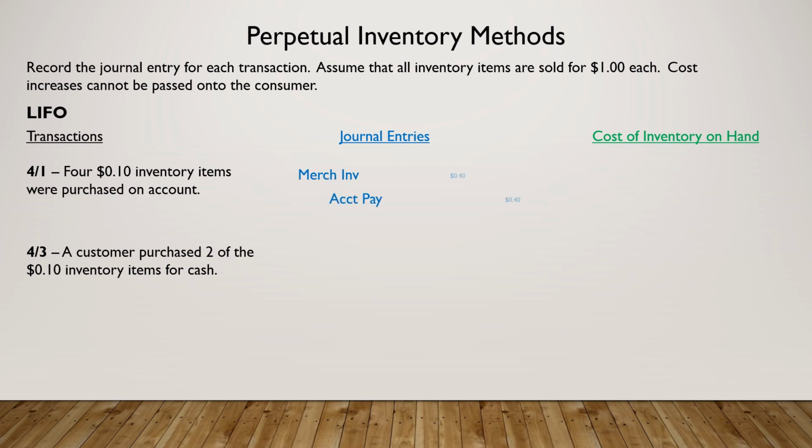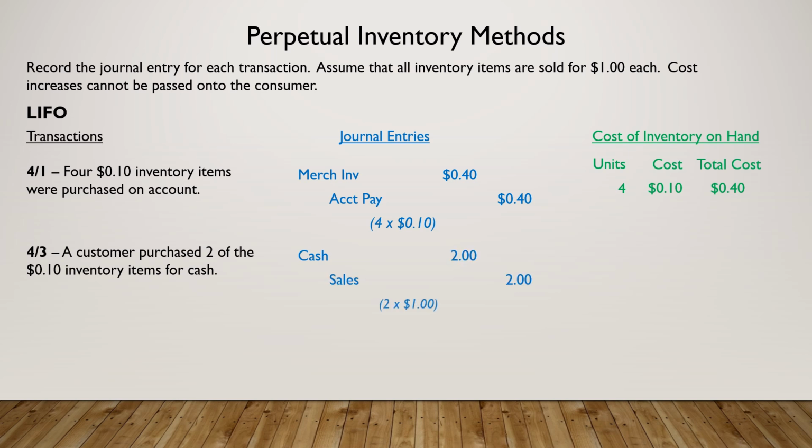Debit merchandise inventory and credit accounts payable for 40 cents. For April 3rd, record the sale at $2 and expense merchandise inventory at 20 cents. Remaining inventory is now 20 cents.